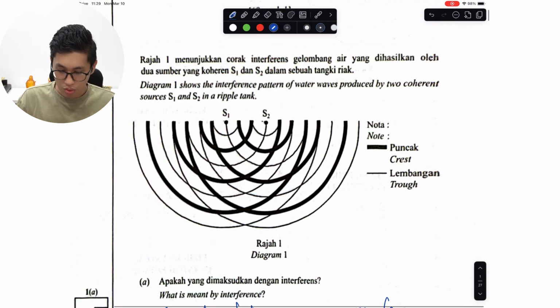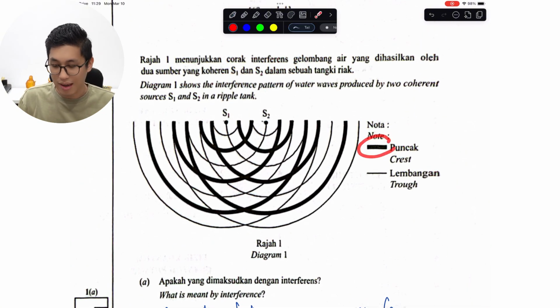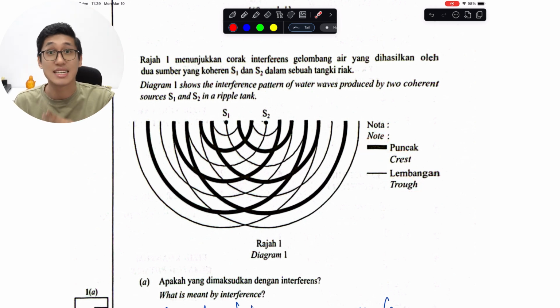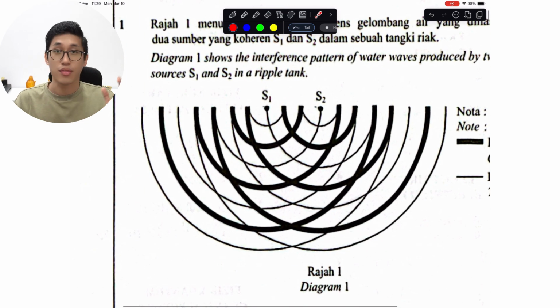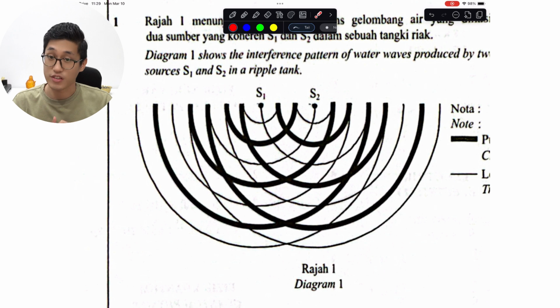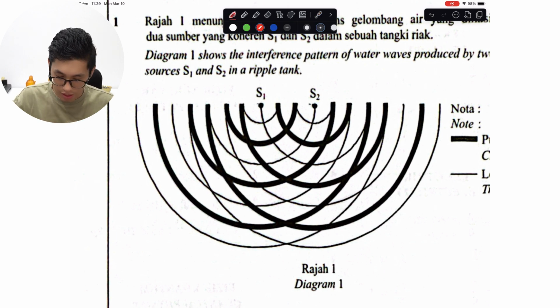Okay, so you can see from this graph, they tell you the thick line is the crest, which means up. The thin line is a trough, which means down. So you have to find which areas the thick and the thin line intersect with each other. That's where they cancel each other out. I can see from here, look at this point, one thick and one thin.